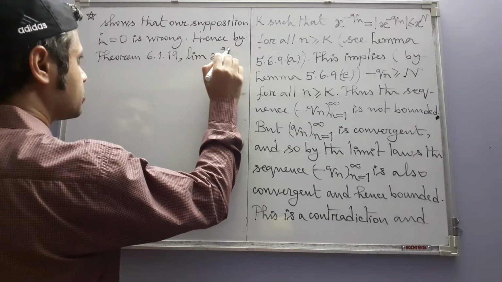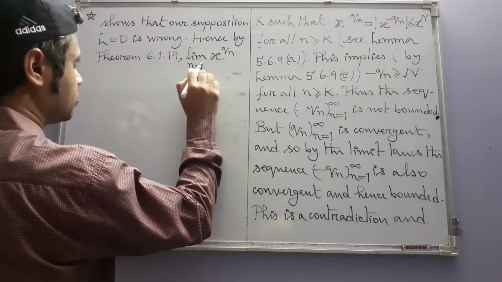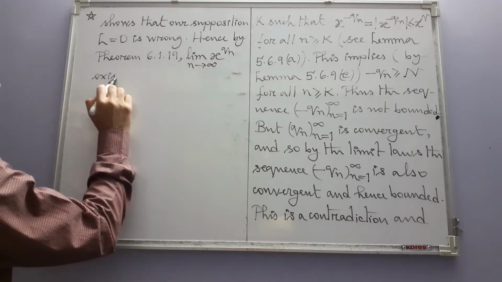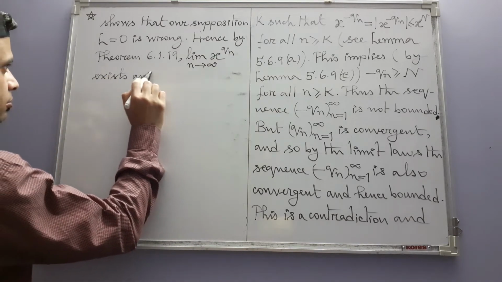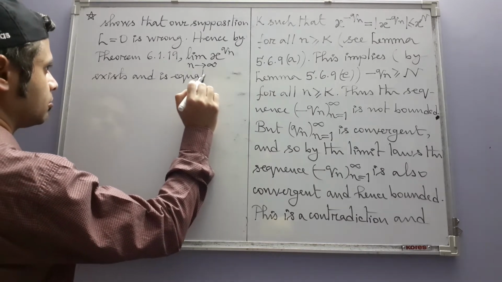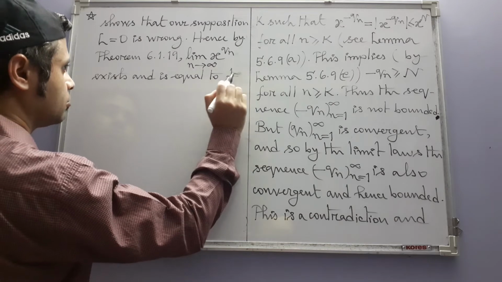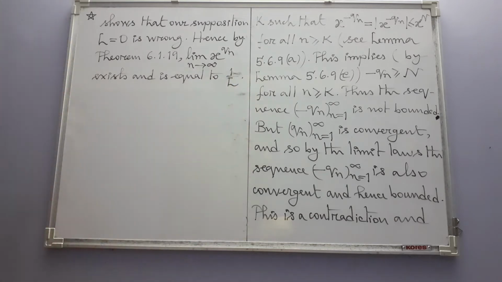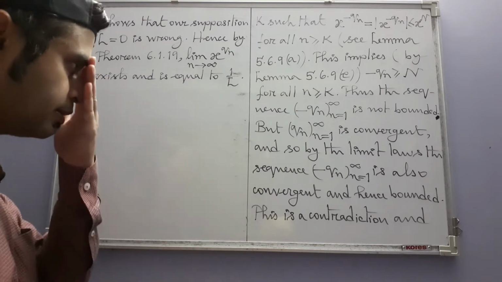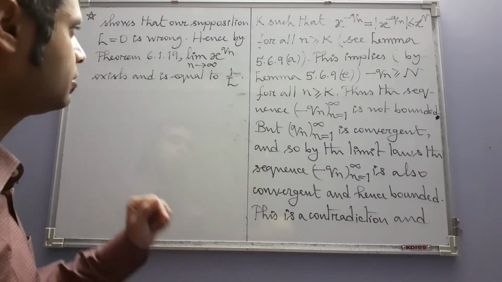Limit of x to the power qn exists and is equal to 1 over L. That is the first half of lemma 671 in this case where x is less than 1.